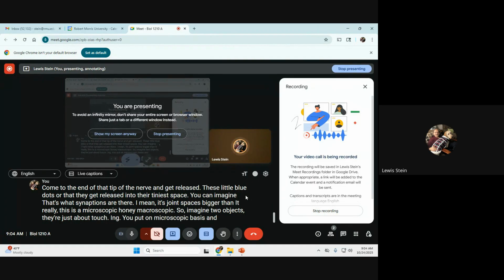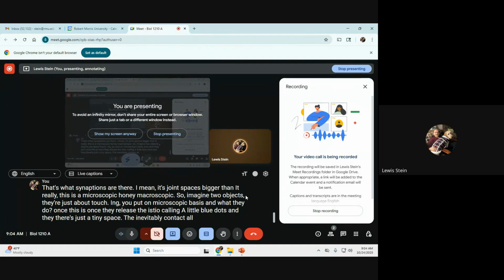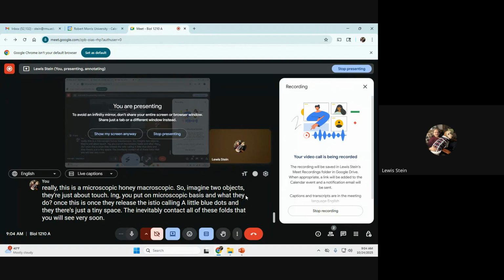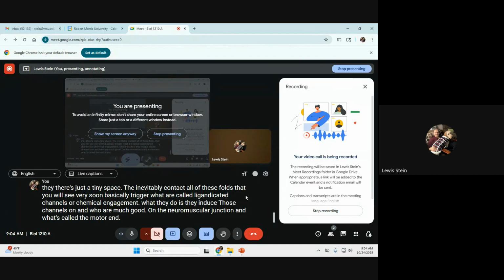And once they release the acetylcholine, the little blue dots, and there's such a tiny space, they inevitably contact all of these folds that you will see very soon, and basically trigger what are called ligand-gated channels or chemical-gated channels. What they do is they induce those channels on the neuromuscular junction, on what's called the motor end plate, to open.